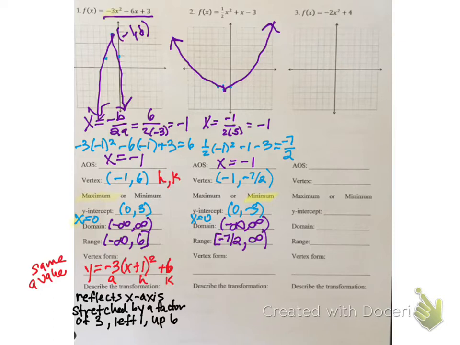Then for vertex form, I keep this same a value. So y equals, a value is 1/2, x minus h, so (x + 1) squared, plus k, so minus 7/2.